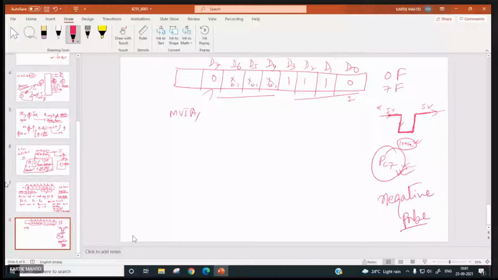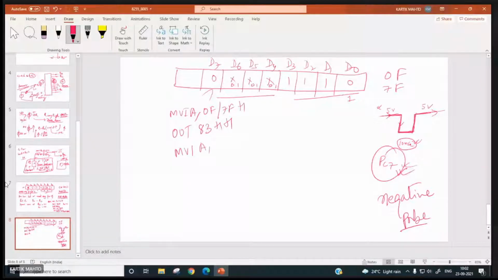So MVI A, tell me quickly. Sir, 0F or 7FH. And you have to OUT this to the control register, OUT 83H. Next, you have to make it 0. How to do this? Sir, we need to OUT to port C also, no?